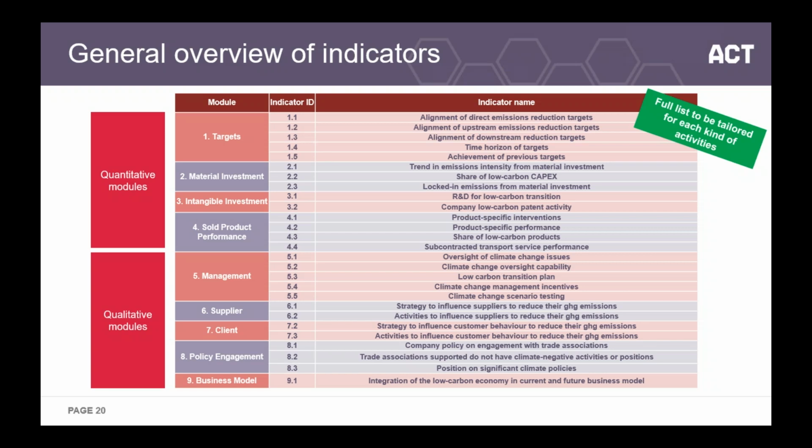We're looking at the performance of the products. We're looking at the strategy. We're looking at the engagement throughout the supply chain, changes in the business model, spend on R&D, a whole array of different indicators, not only the targets. So, we think that target setting is absolutely vital. It's really the fundamental step, but we also need action to reach that target. And that's what we're seeking to look at within ACT.